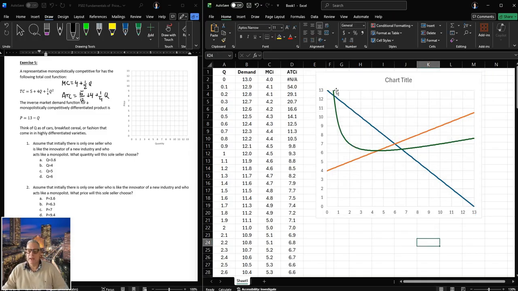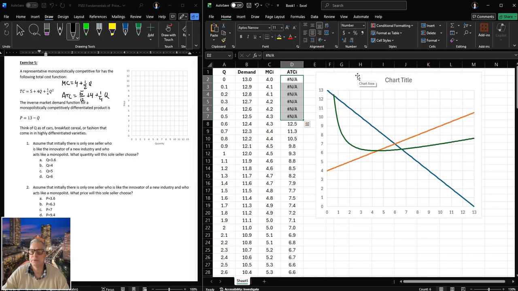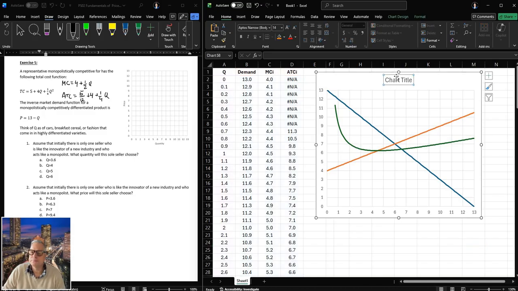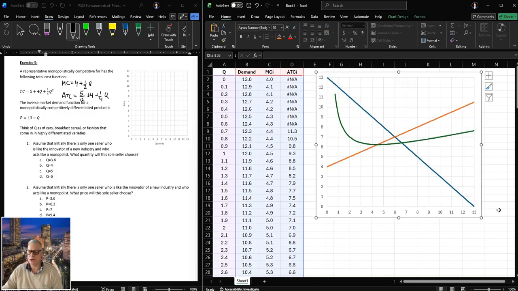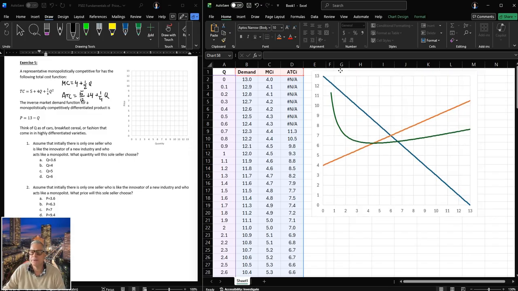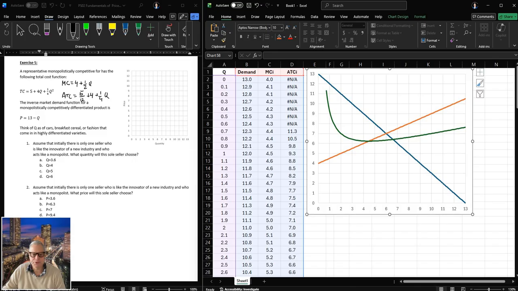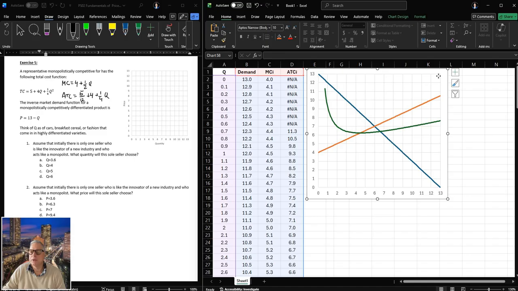And again, if you don't like that the average total cost function has so many high values, we can make it look like this. And we don't need the title here, so now we know what's going on. On the x-axis we have the quantity, and here we have the price. Okay, so with this we should be able to work. That's good enough.